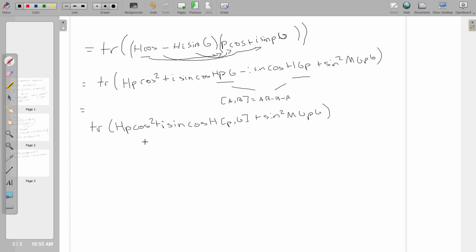And now we can see these are all constants that we can pull out of the trace, and the trace you can apply linearly, so we can rewrite this by pulling out this cosine squared. I'll reintroduce the parameters here.